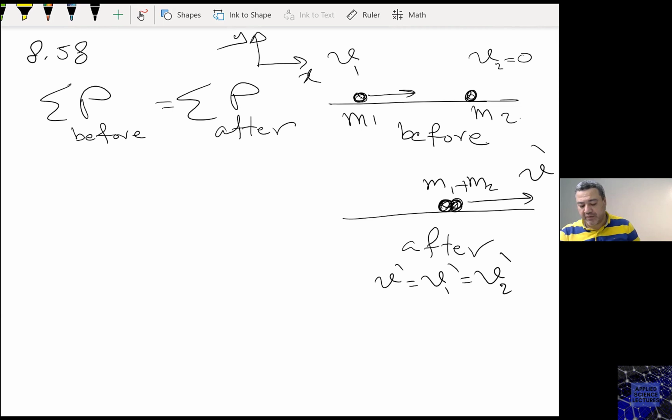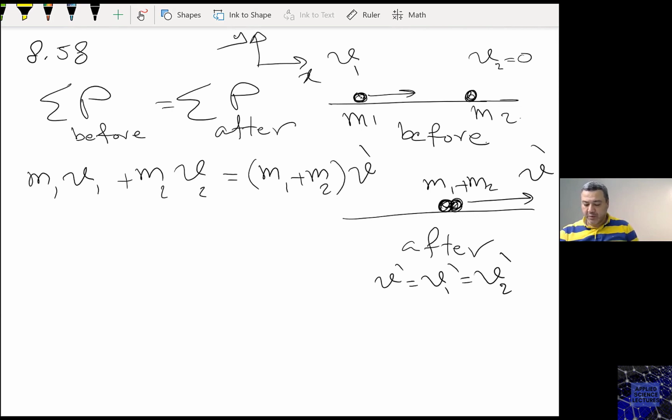So I have m1 v1 plus m2 v2 equals (m1 plus m2) v prime. The v2 is 0, which means m1 v1 equals (m1 plus m2) v prime.